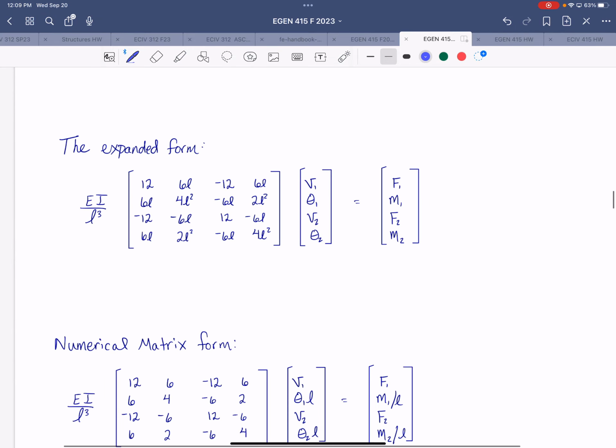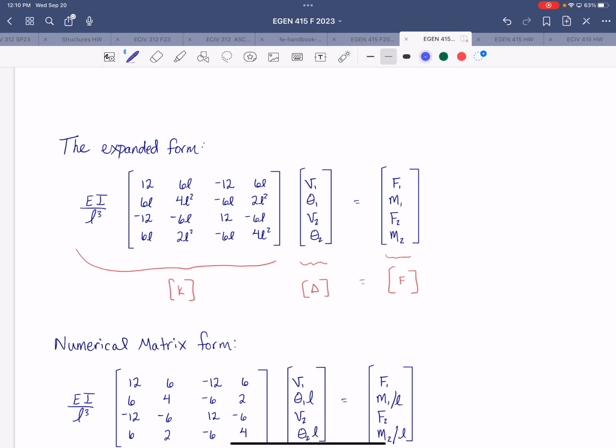So then on the next page, we have the expanded form of that same matrix, with the 4x4 representing stiffness matrix K, and then you have the generalized displacements equal to the generalized forces.